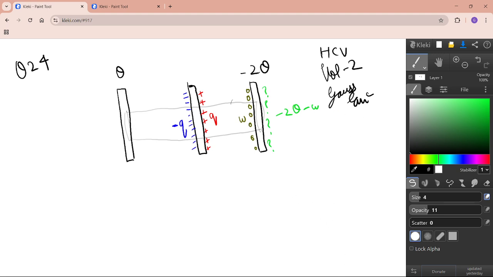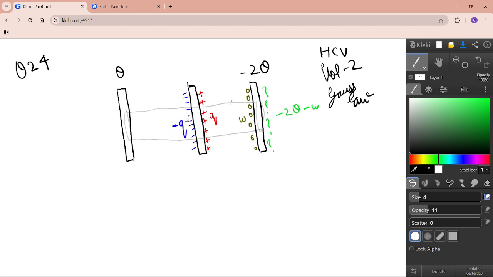The flux must be on these two sides. Now, the net electric field is zero, and there is no force by these two charges. Why?